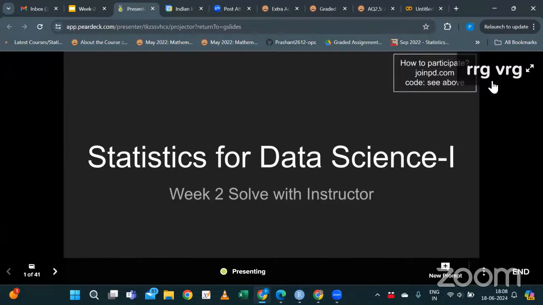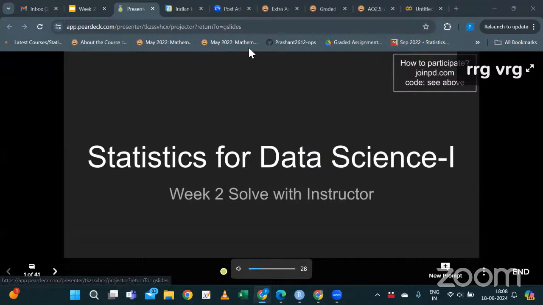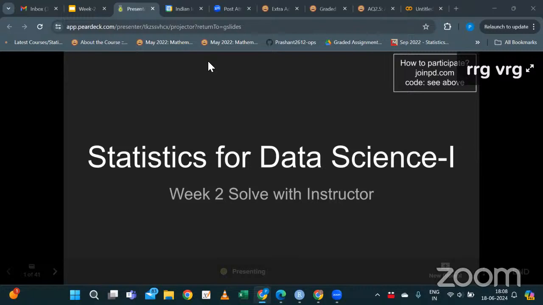It is RRG VRG. But actually, the website is crashing when I'm entering it into my browser. Sorry, could you repeat? The website is crashing. Just try to refresh and redo. I have tried it 4 5 times.